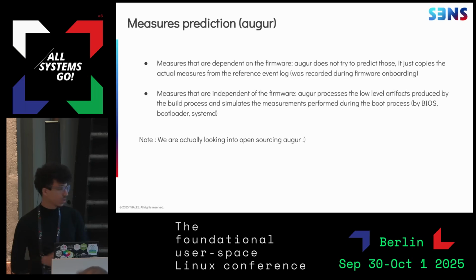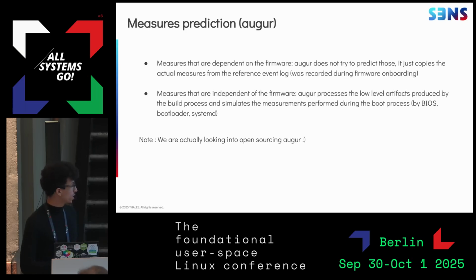For the firmware measurements, we take a laptop in a lab and record, like a flight recorder, the events that go into the TPM via the TPM2 event log, and we create something called a baseline. Then we push this baseline into some sort of storage and use it to predict any further measurements.